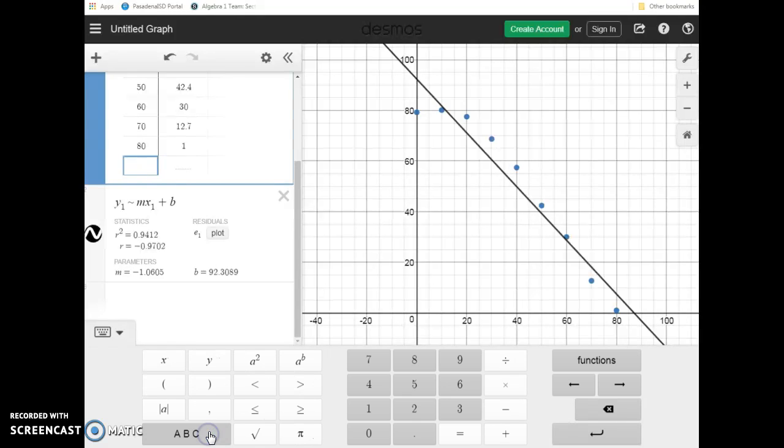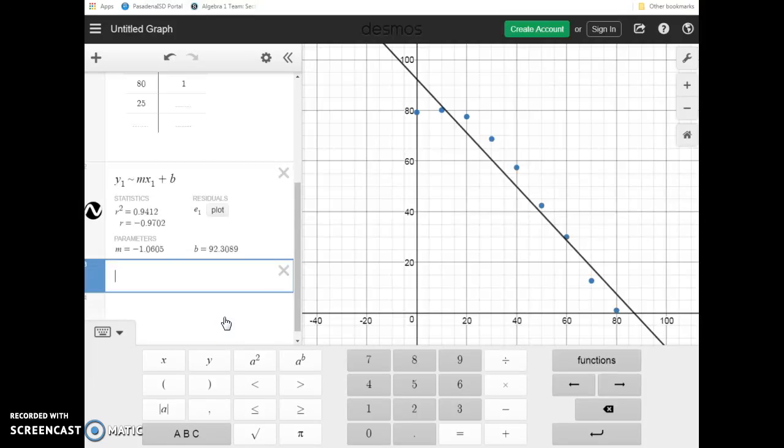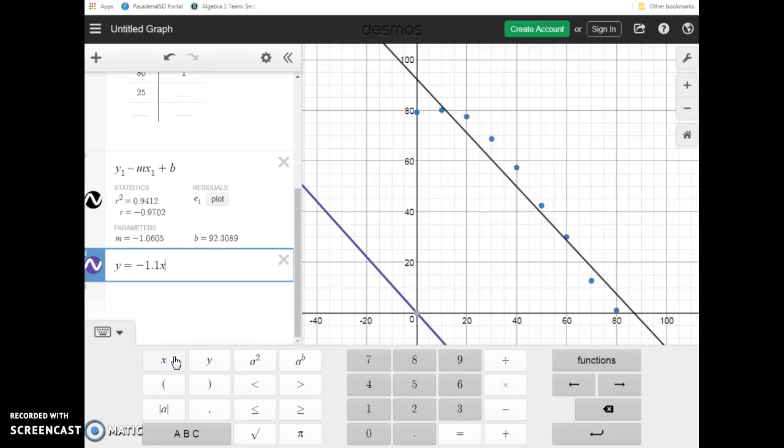It probably won't. No. So we're going to have to type the equation that we just wrote down. Right here, y equals negative 1.1x plus 92.3.